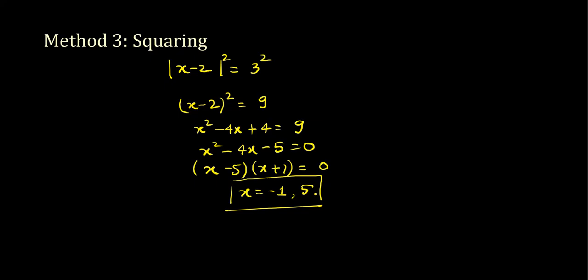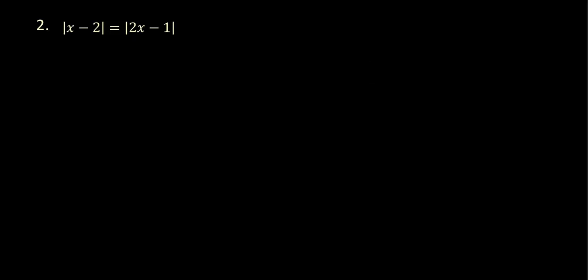Let us quickly solve another question, which is mod of x minus 2 is equal to mod of 2x minus 1. So I am using just method 2 and method 3. I am not using the graphical method.